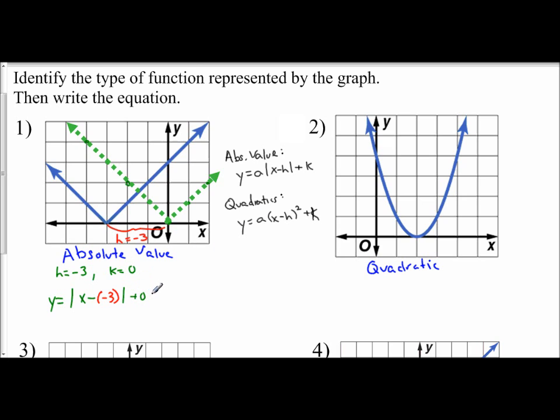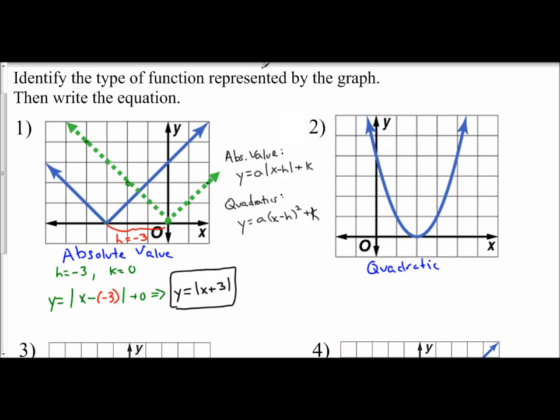Now we're going to simplify this to get our final answer. Subtracting a negative is adding, so I have y equals the absolute value of x plus 3. And we don't ever show plus 0. So then this is the equation of the absolute value function. A horizontal translation occurred to the left 3 units. H is negative 3. When you subtract a negative, it becomes a plus sign.